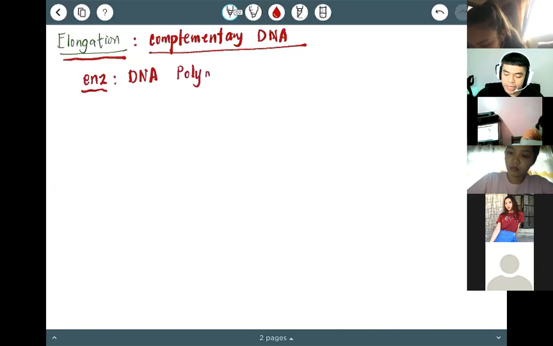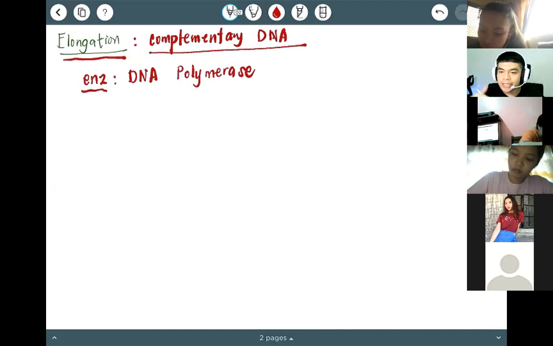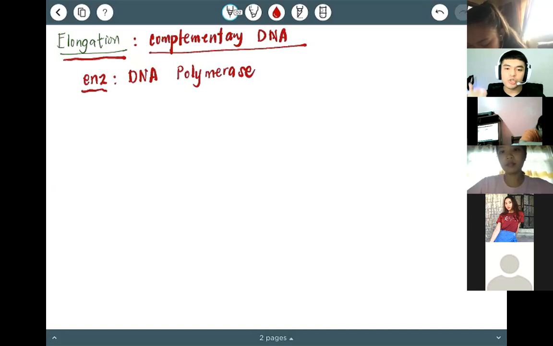As the term suggests, polymerase is responsible for polymerization. Pararamihin niya ang nucleotides upang makabuo ultimately ng DNA. Okay? So yan yung enzyme.